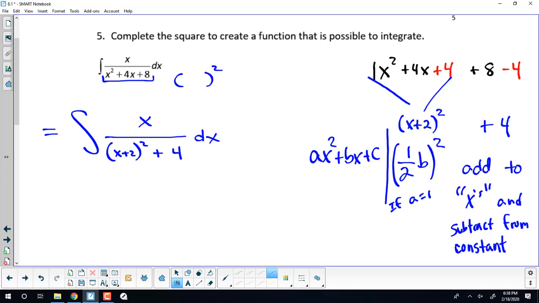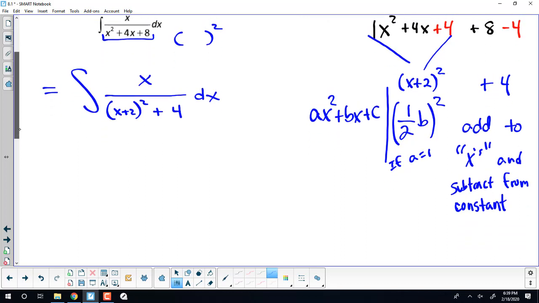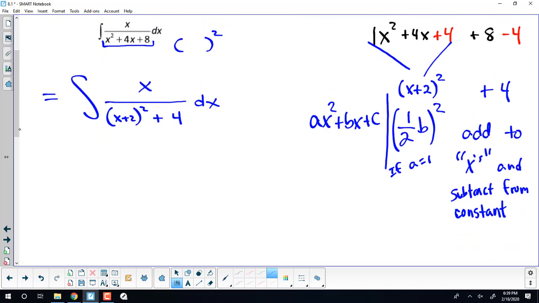Okay, so we've got x over x plus 2 quantity squared plus 4. Now, this doesn't seem terribly helpful. We've completed the square, but it doesn't really look any better, I guess. But what can we do with our new representation that we couldn't do with the old one?